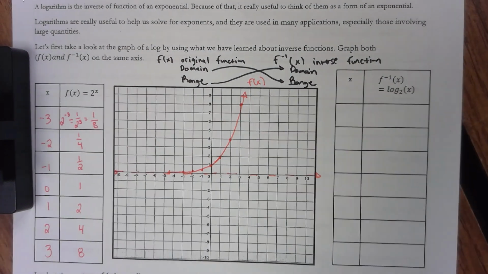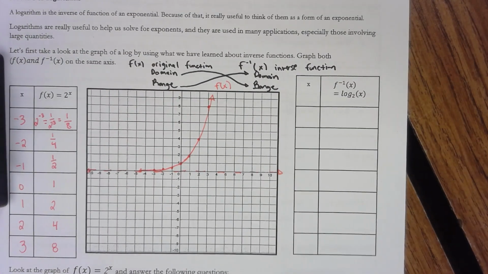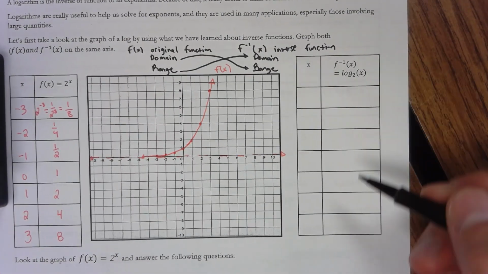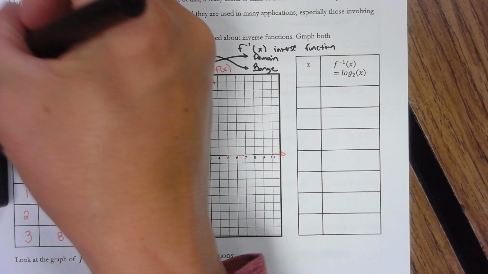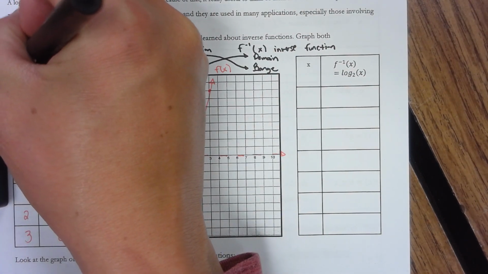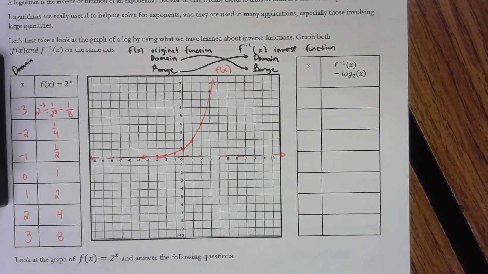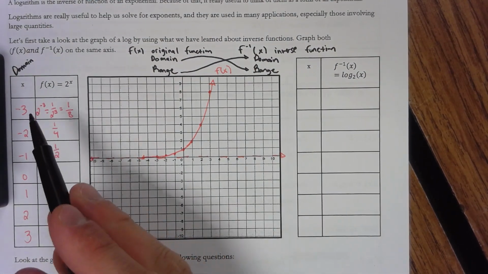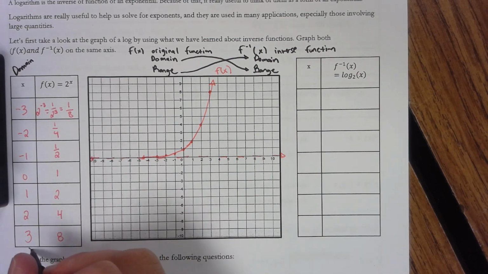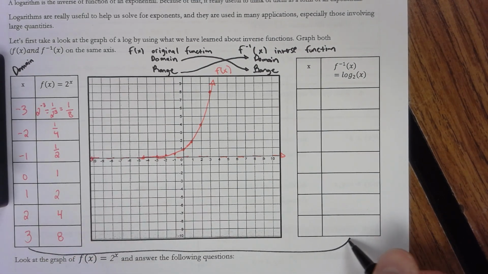So by using that idea, we can come up with a table of values for this log function, where I can take the x's, which are the domain. If we take the domain, all the x's, those are now going to become the range, or the y values.